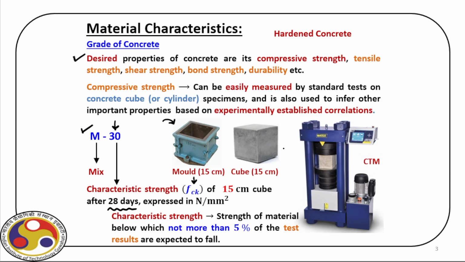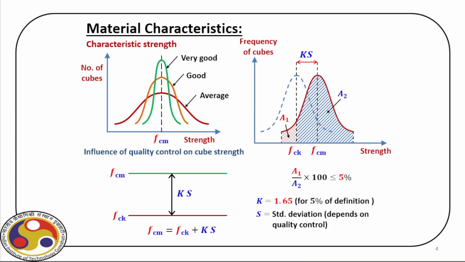And for that, what we do is take this concrete cube, which is properly cured, and then test it in this machine where we apply compressive force and then find out the strength. Now, obviously, there is a very specific clause in IS 456 to define that strength. We have also discussed that we need to test a number of cubes, and for each cube find out the strength.